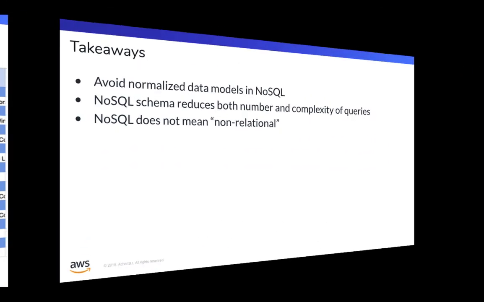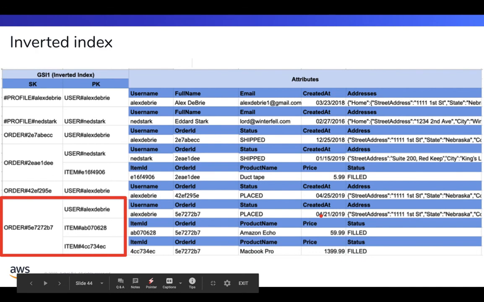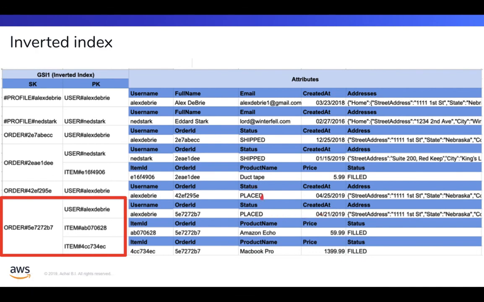Now let's see, if you want to retrieve the items based on status, let's say that. What would you do? You would create another global secondary index on the status, and you can scan on this.